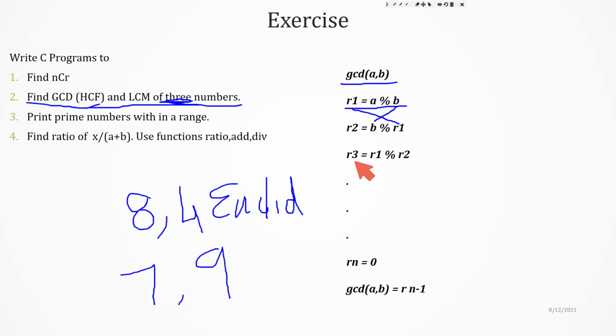Then you have to find remainder 3, R3. There you have to do R1 mod R2. So R1 will come here and R2 will go here. Similarly, you have to find R4. So what will be R4?